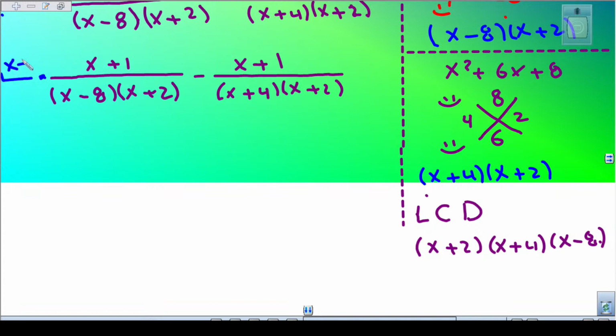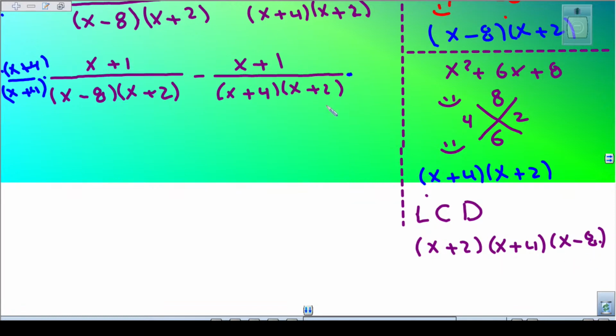X plus 4, and then again in parentheses it is a factor. X plus 4 and X plus 4. What's missing on this side, do you think, to get this entire LCD?